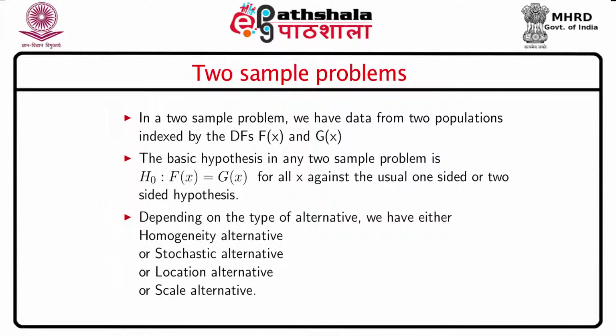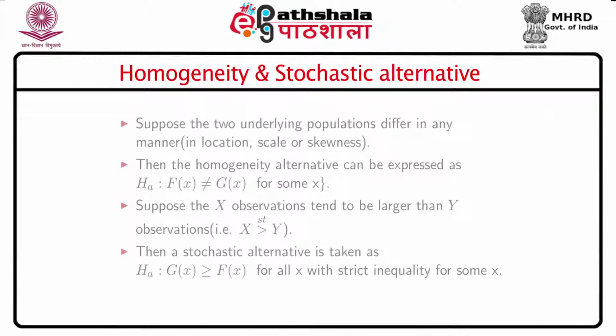Now, we have either a homogeneity alternative or a stochastic alternative or a location alternative or a scale alternative. So, we start with homogeneity and stochastic alternatives. Suppose that two underlying populations differ in any manner, that is in location or in scale or in skewness. Then the homogeneity alternative can be expressed as F(x) not equal to G(x) for some x.